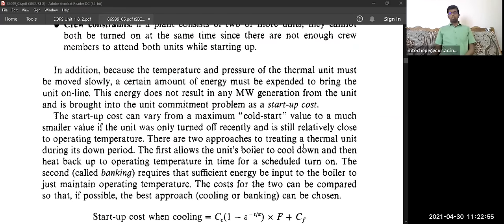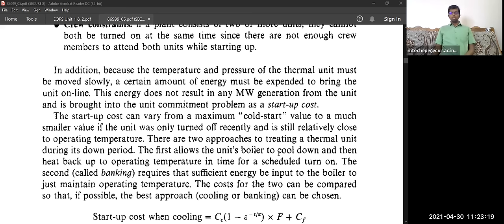There are two approaches to treating a thermal unit during its down period. The first allows the unit boiler to cool down and then heat back to the operating temperature in time for the scheduled turn on. So if you want to turn it off now, they first allow the boiler to cool down.